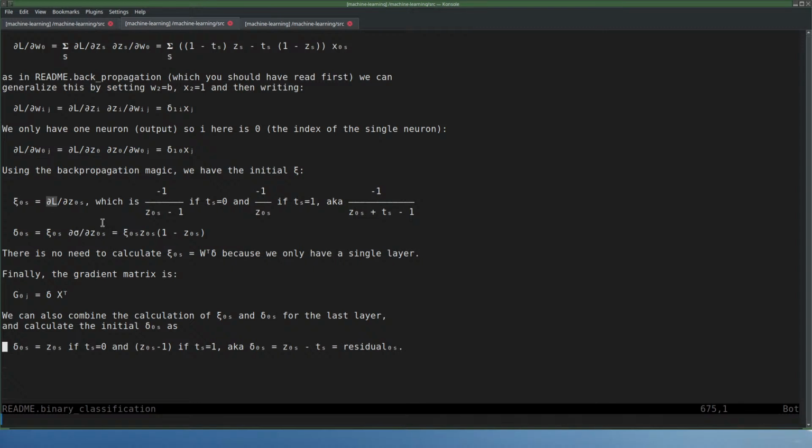Doesn't make any sense. That's why I call it magic, I guess.